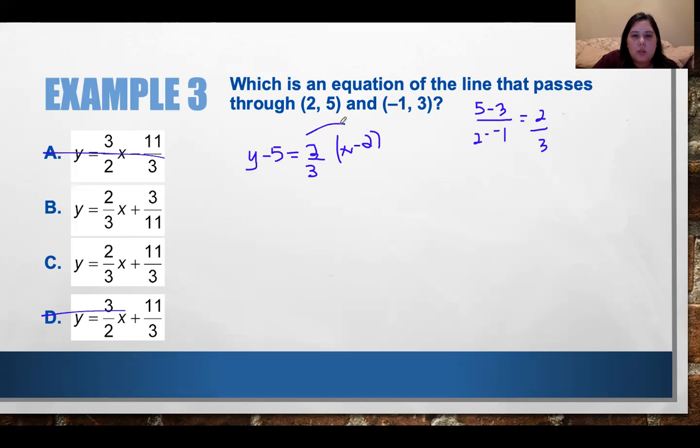So we're going to distribute the 2/3 to both of these in here. So we're going to get y minus 5 equals 2/3 x minus 4 over 3.